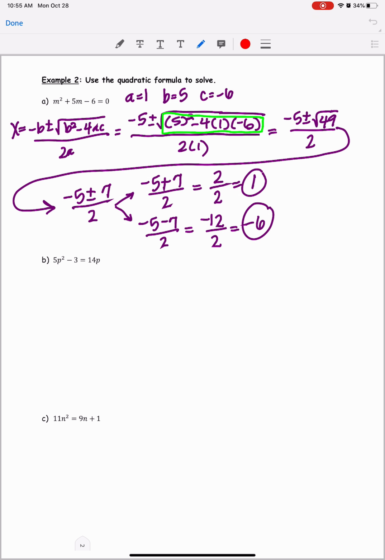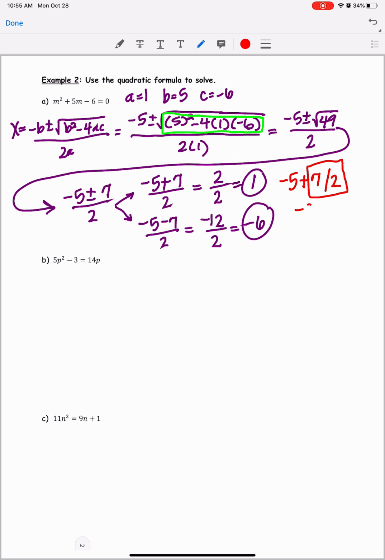Now, let me stress to you guys why we're not putting all of that in your calculator. For example, on this one here, if you put that in your calculator as -5 plus 7 divided by 2, your order of operations is going to tell you to divide here first.